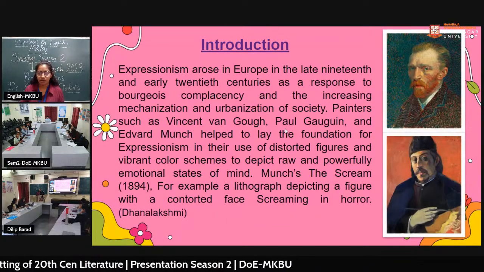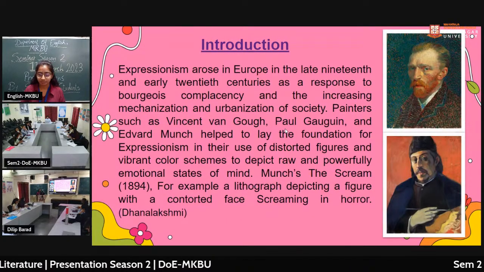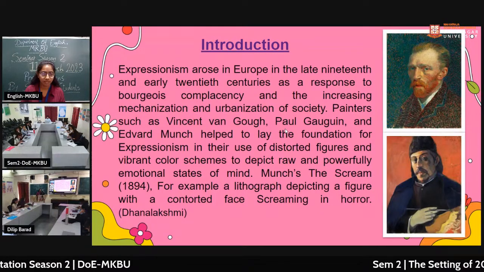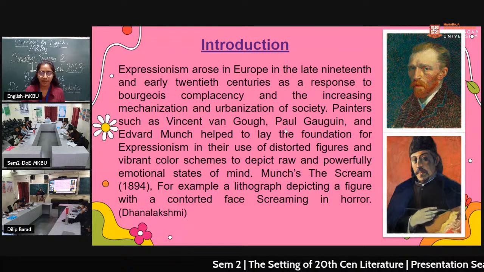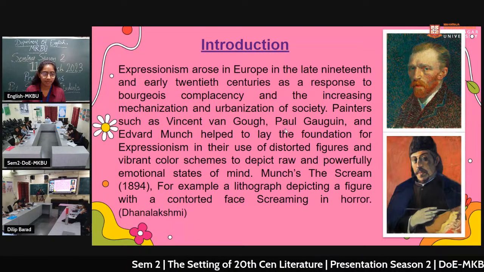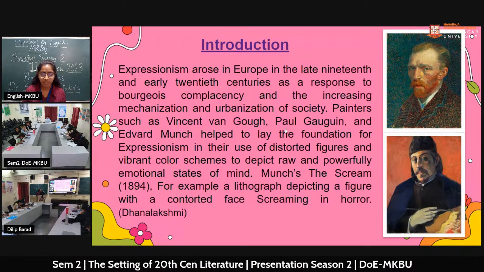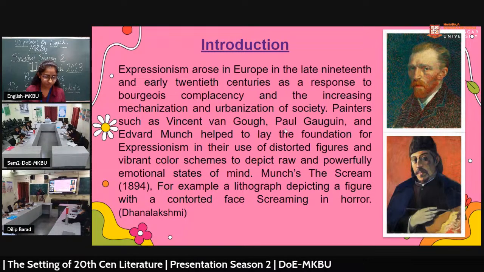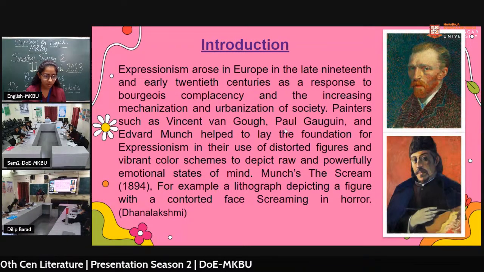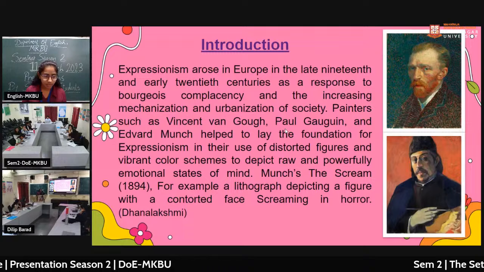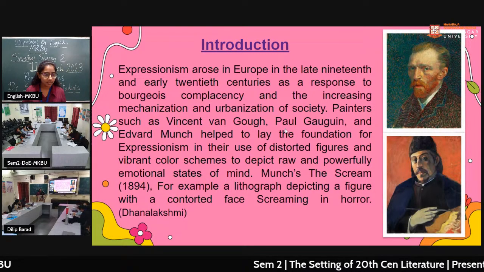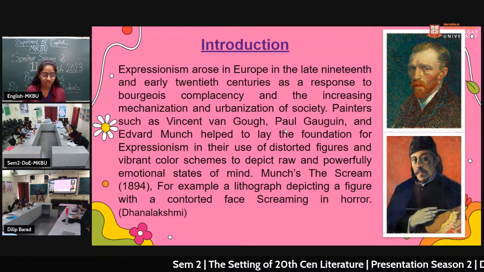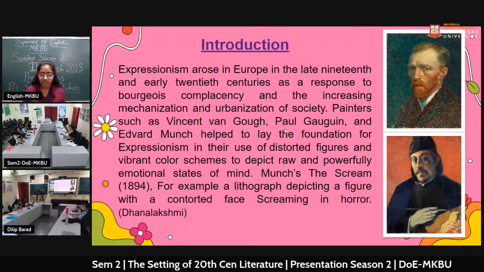So, I would like to start my presentation with the introduction. Expressionism arose in Europe in the late 19th and early 20th centuries as a response to the bourgeoisie's complacency and the increasing mechanization and urbanization of society.